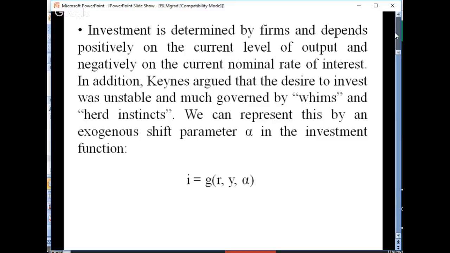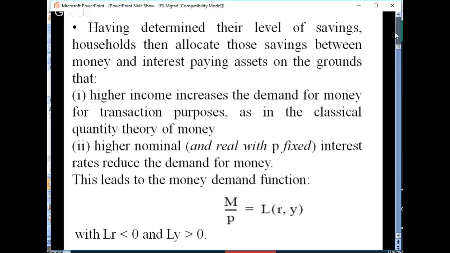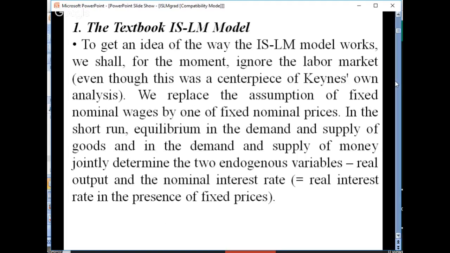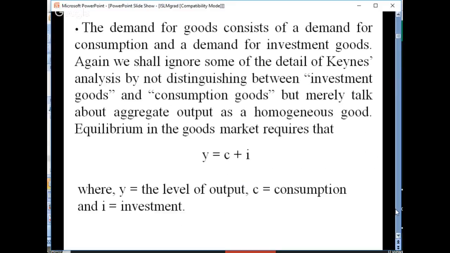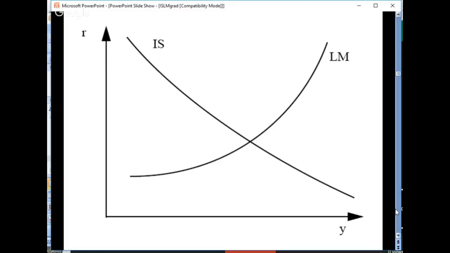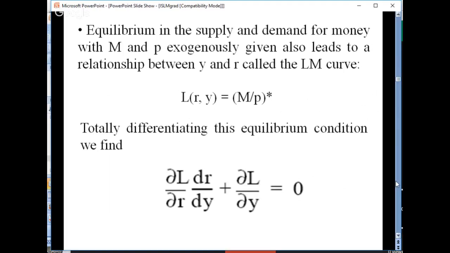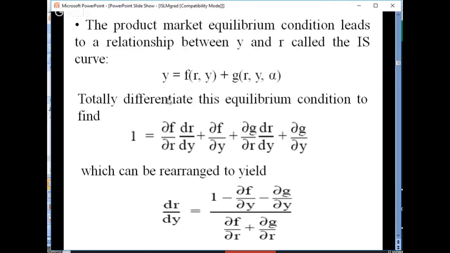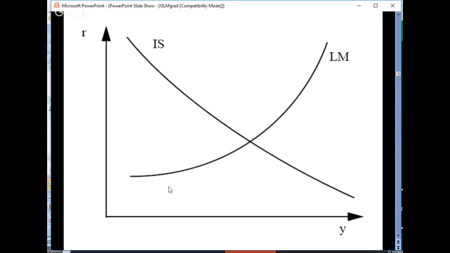So going here, Y equals C plus I. I plug in those functions and I get the following, which gives us our IS curve, downward sloping.